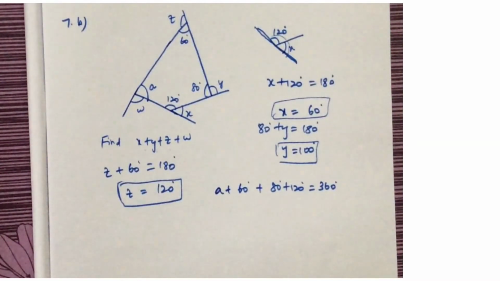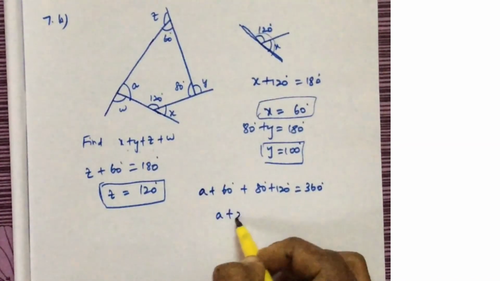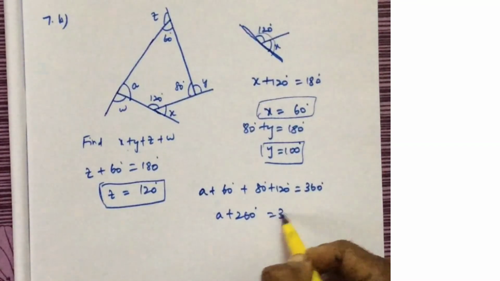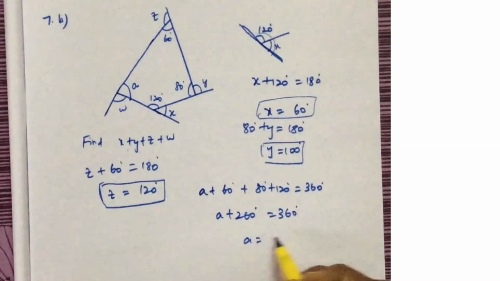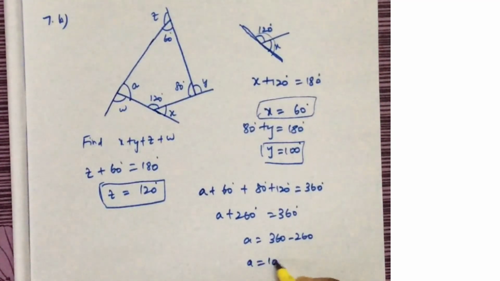This is the angle sum property. 60 plus 80 plus 120 is 260, so A equals 360 minus 260. So A equals 100.